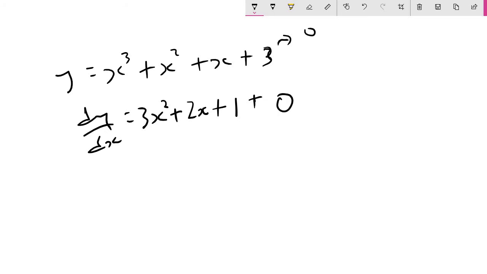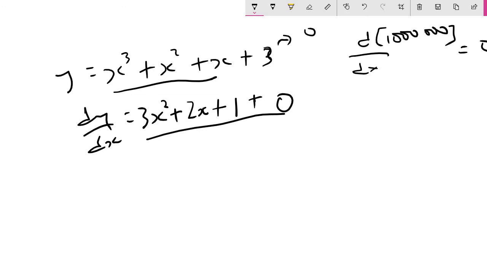So this gives 0. So remember, the derivative of even 1 million is 0. Alright, so this gives 0. So the derivative of this expression is this right here.